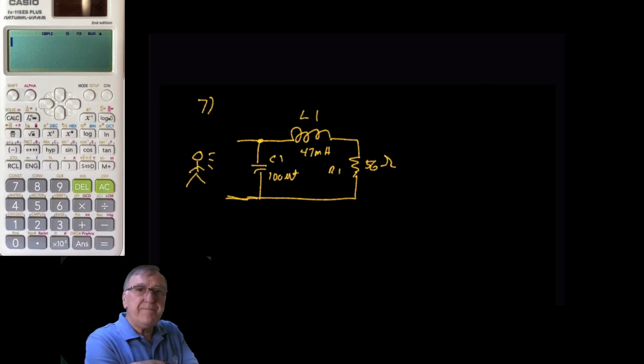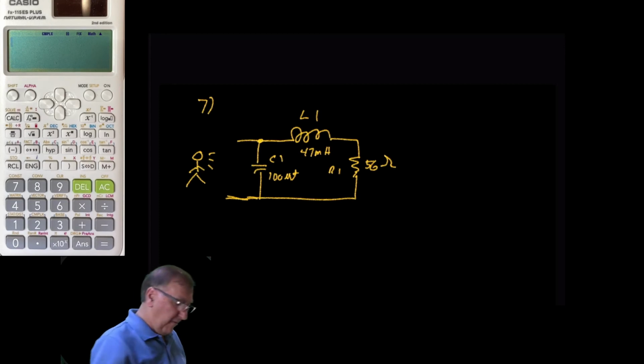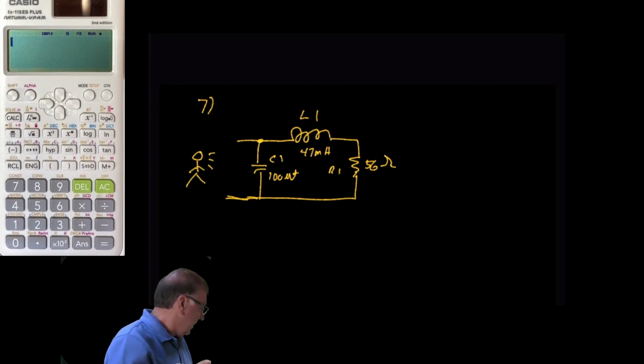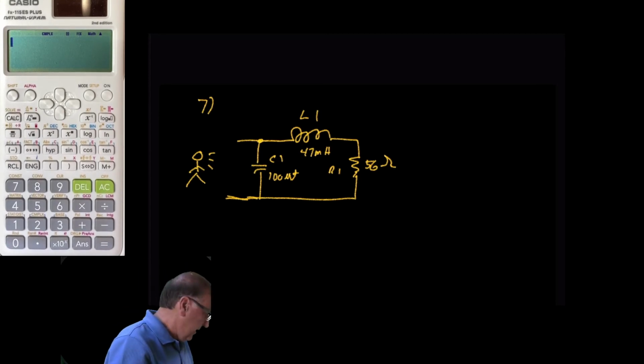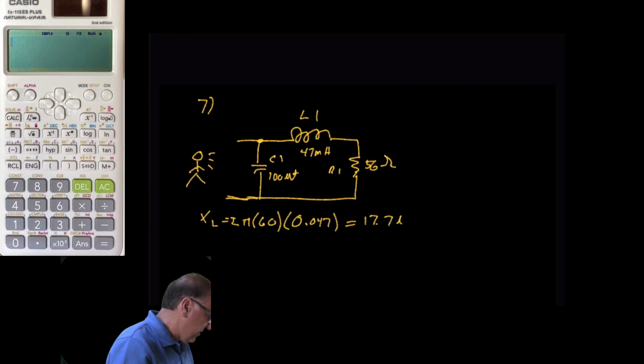In problem 7, we have an RLC circuit, and they're just looking for the total impedance. So step 1, convert all of the circuit elements, capacitors and inductors, to capacitive and inductive reactances. XL equals 2 pi times 60 times 0.047, and that equals 17.7 ohms.